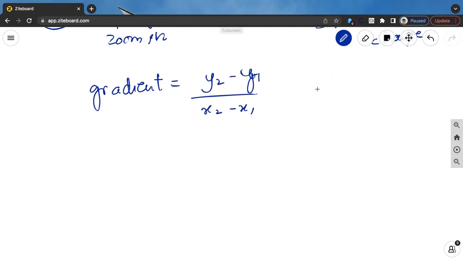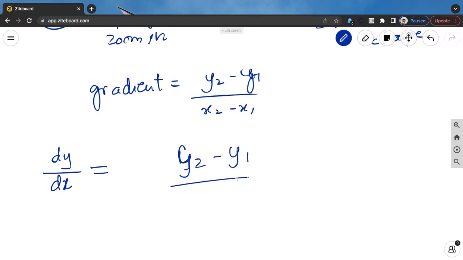Whatever I spoke in English can be written in much shorter form in math. So they say change in y, and instead of delta, I'm using d. dy by dx, the change in y with respect to change in x, is given by y2 minus y1 upon x2 minus x1, provided that in the limiting condition x2 minus x1 is tending to 0.